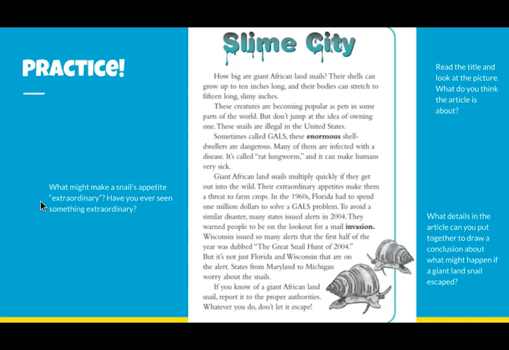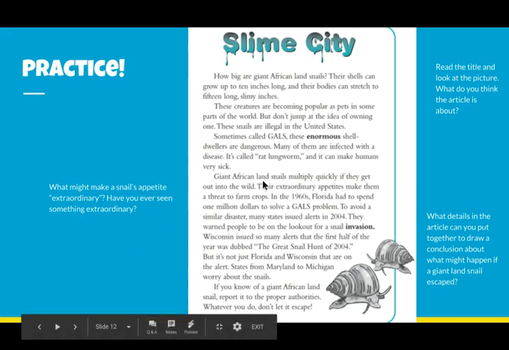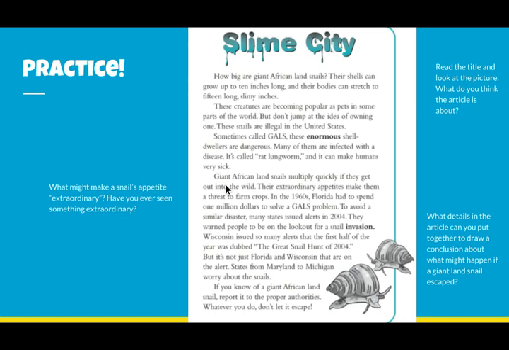Well, when I look at this, I noticed that it said they multiply quickly if they get out into the wild. So that tells me if these snails escaped, they might quickly reproduce. So what might have been one or two snails might quickly be 20, 30, 40 plus.